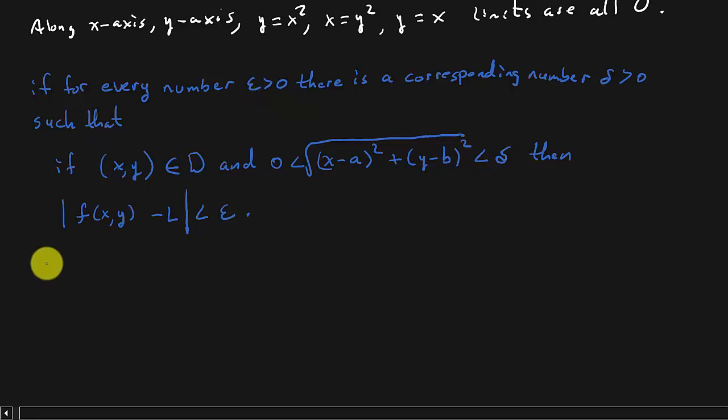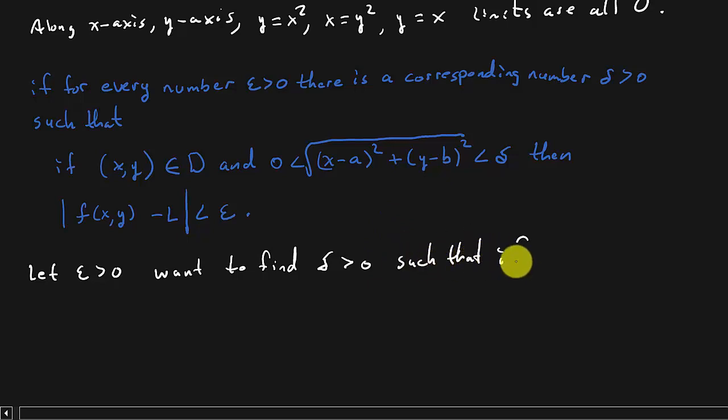All right, so let's go by what this tells us. I'm going to let epsilon be greater than 0, and I want to find a delta. That's a delta. I know it looks sad, doesn't it? But that's delta greater than 0, such that if, okay, so what do we have here?